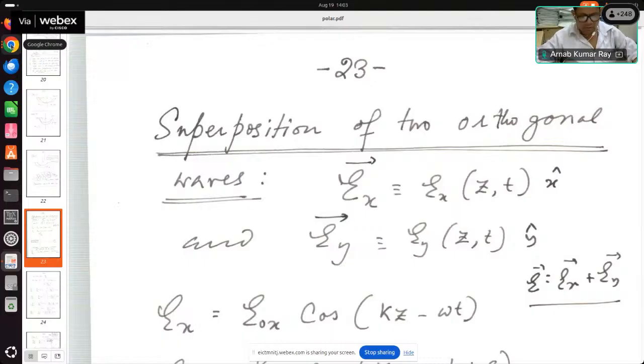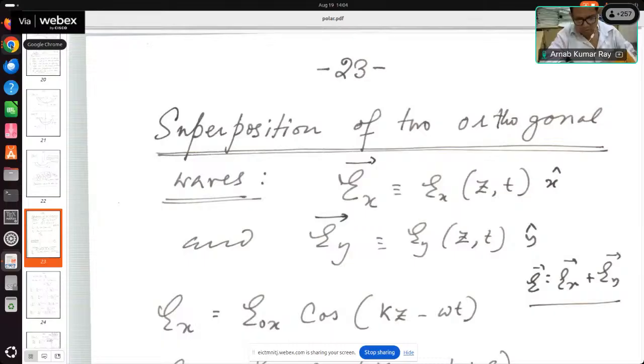This question is found in the book on optics by Jenkins and White, right? The name is Fundamentals of Optics, authors Francis Jenkins and Harvey White, McGraw-Hill edition.